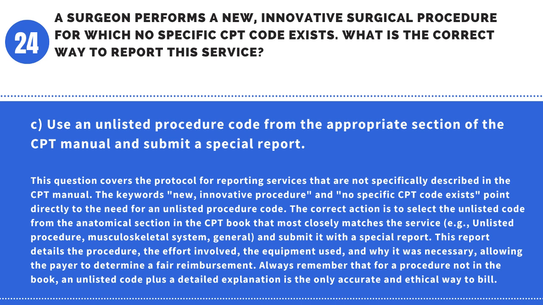This report details the procedure, the effort involved, the equipment used, and why it was necessary, allowing the payer to determine a fair reimbursement. Always remember that for a procedure not in the book, an unlisted code plus a detailed explanation is the only accurate and ethical way to bill.